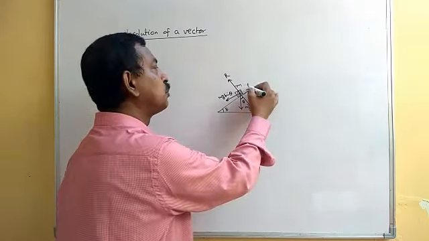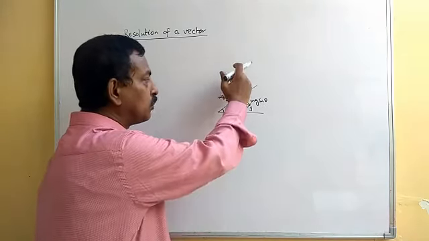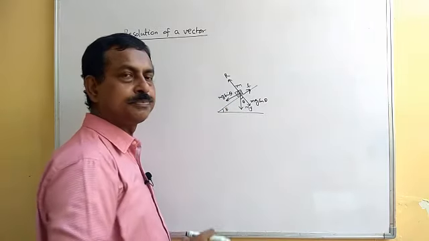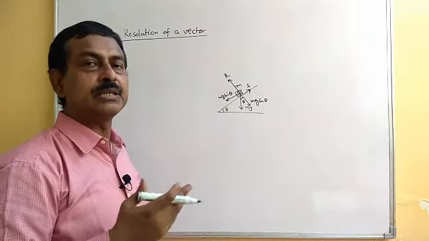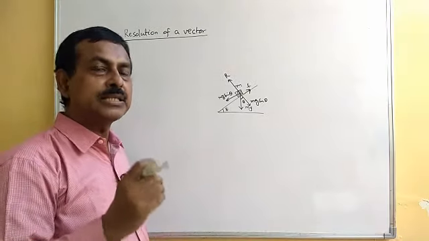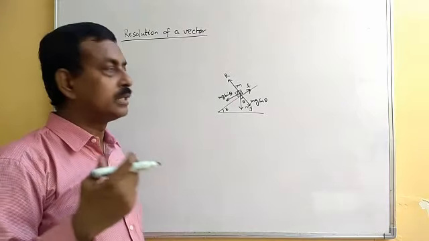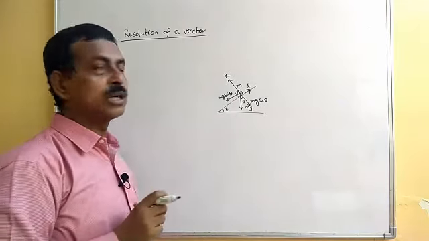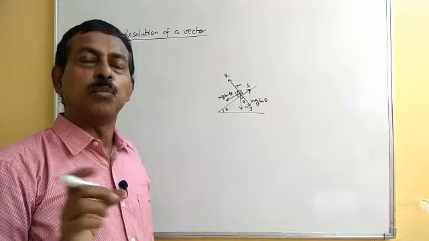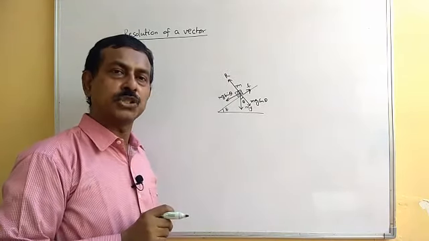So the resultant will be mg sine theta minus f. It will give you the components in the different directions. So with that, you can easily get the free body diagram and write its equations of motion.